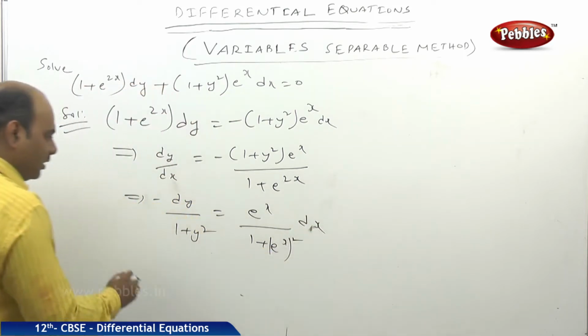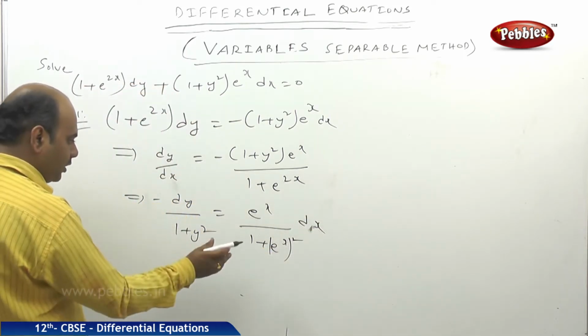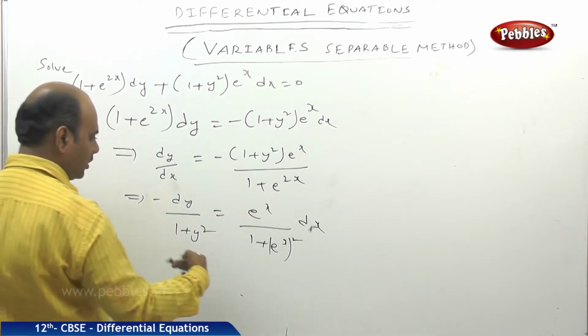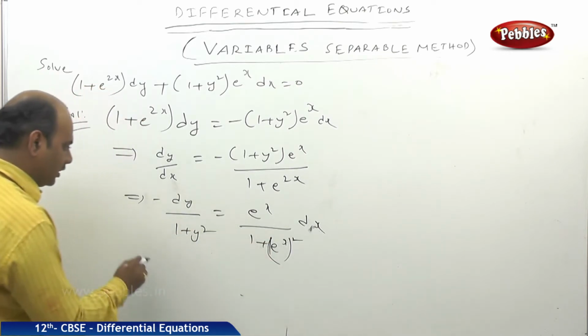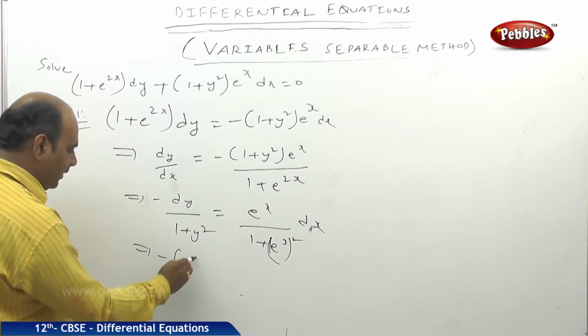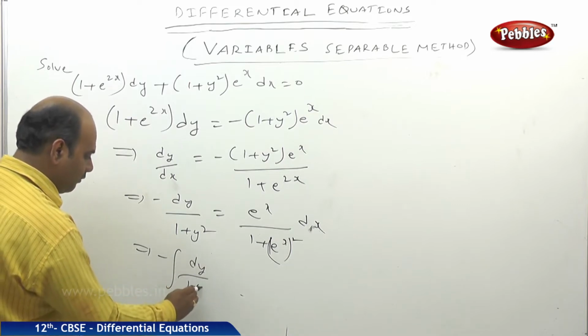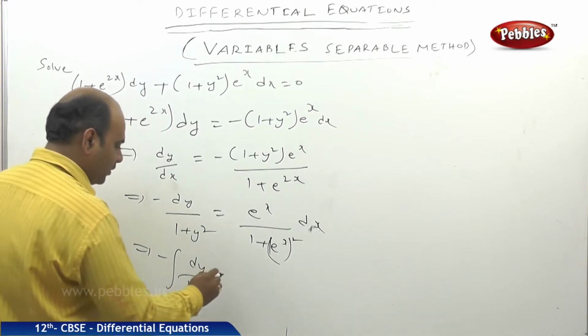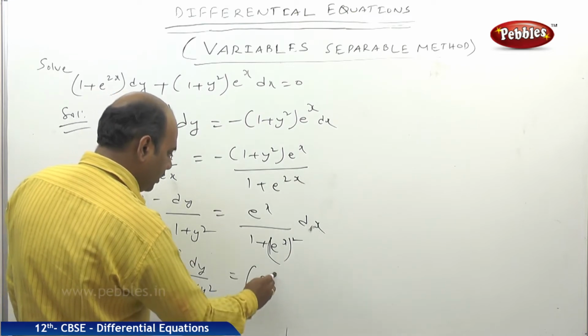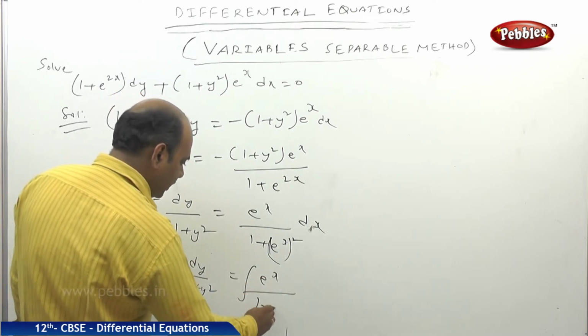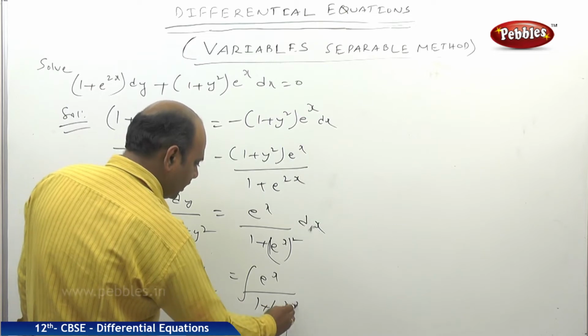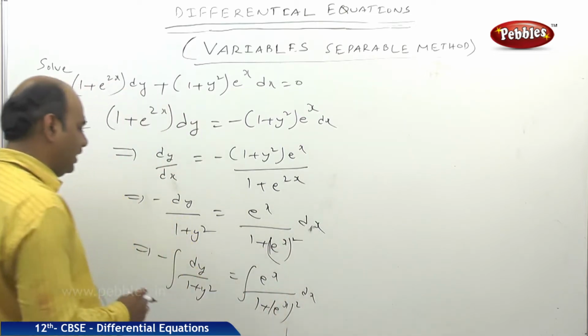Now if you observe carefully, all y terms are on one side and all x terms on the other side. Now blindly I can integrate. So integral of dy by 1 + y² is equal to integral of e^x divided by 1 + (e^x)² dx.